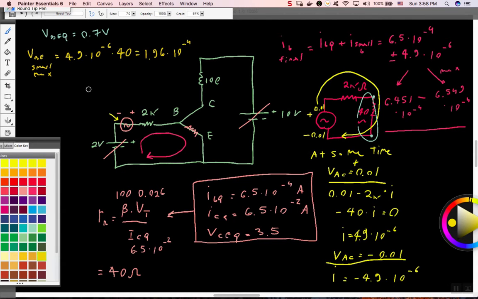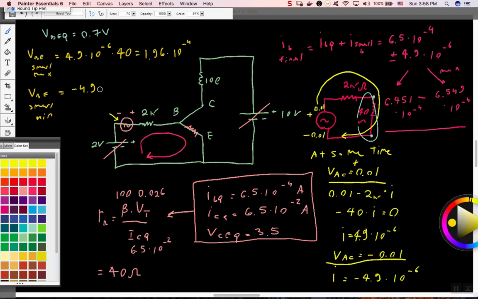Volts. And the VBE small min, well, that's when we have the negative voltage and the current goes the other way around. So we in fact have a voltage rise from the top to the bottom of the 40 ohm resistor instead of a voltage drop.